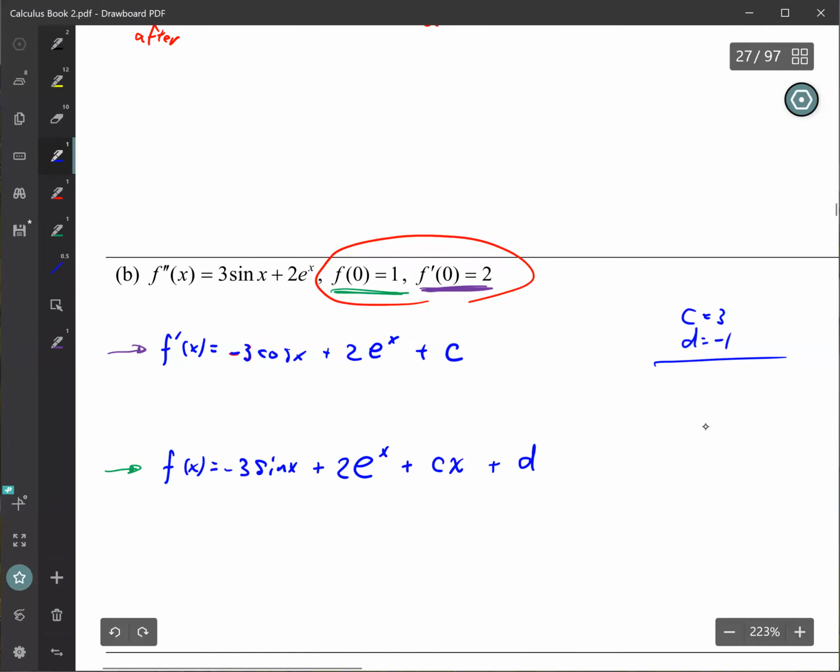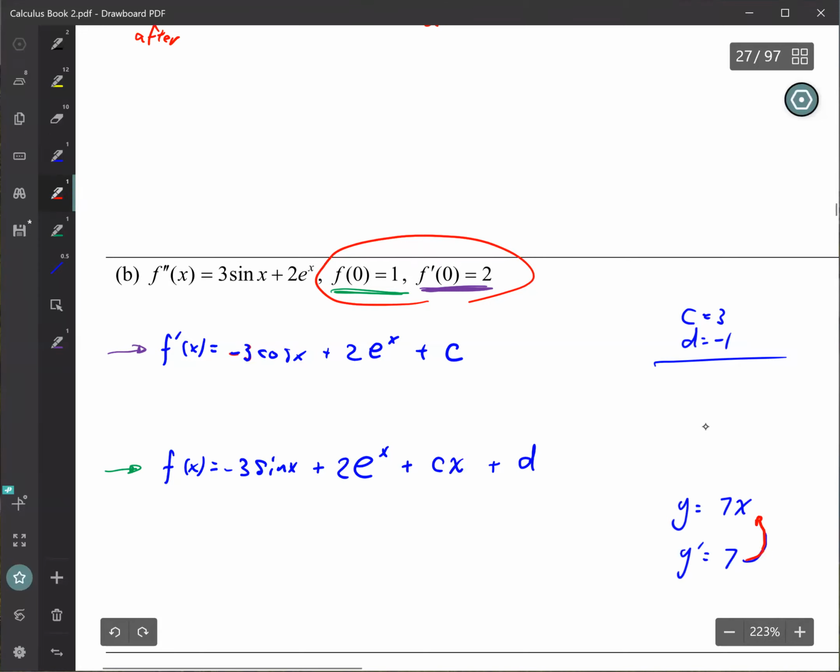Jason, I have a question. Yep. How come when you unprime C, it gives CX? Because think about, let's say if I have y equal to 7x, what's the prime? Just 7. 7, right? So if your prime is a constant, you want to go back.